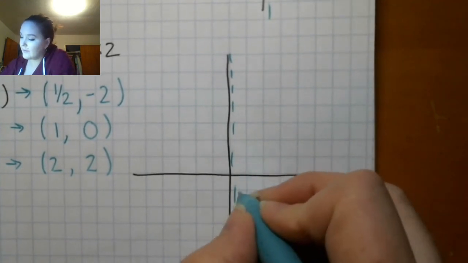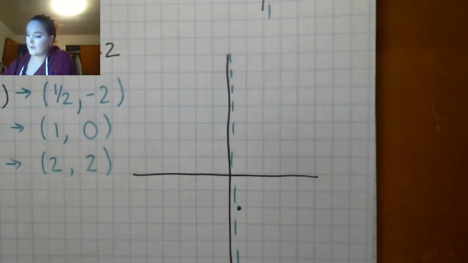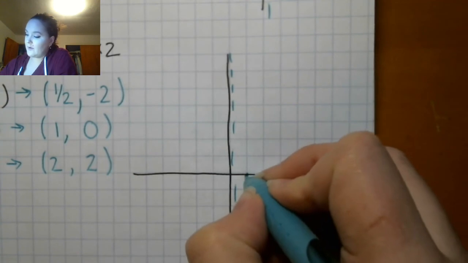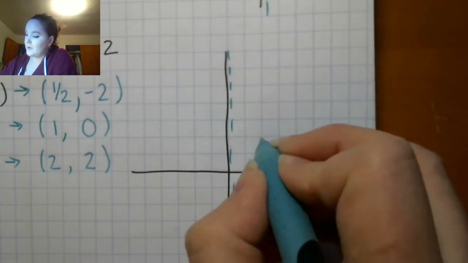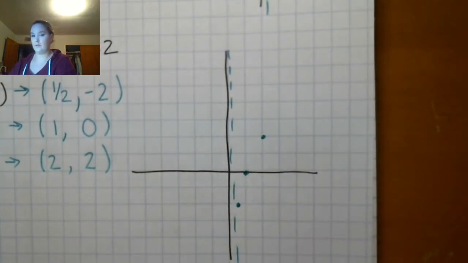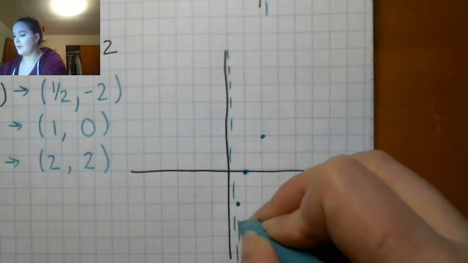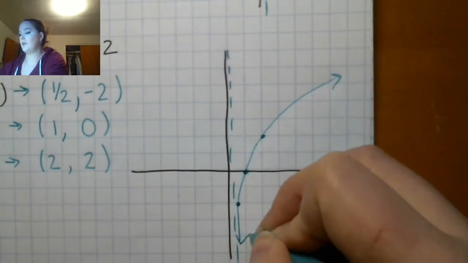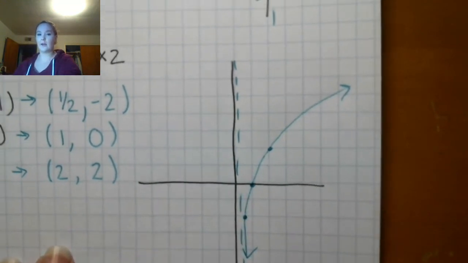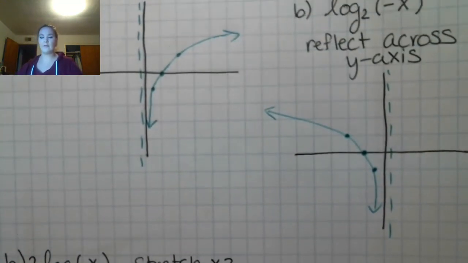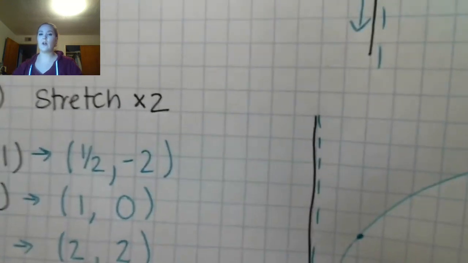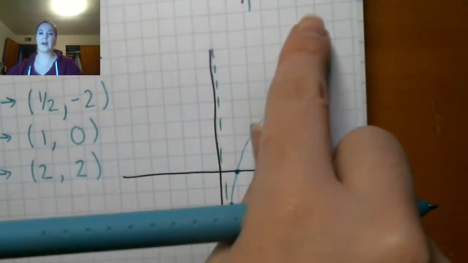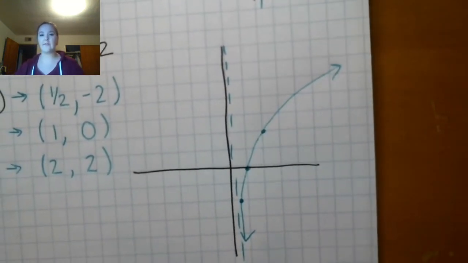So 1/2, -2, 1, 0, and 2, 2. Let's draw that in. You can see that compared to the original graph, it's a lot taller. And it's not flattened out as much, but it does have that same shape.